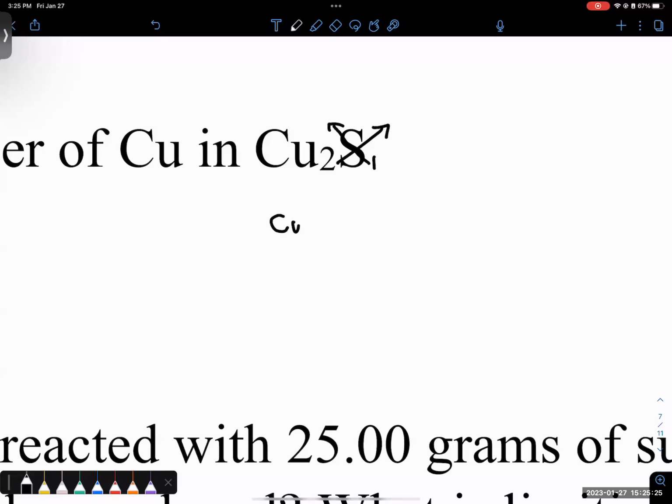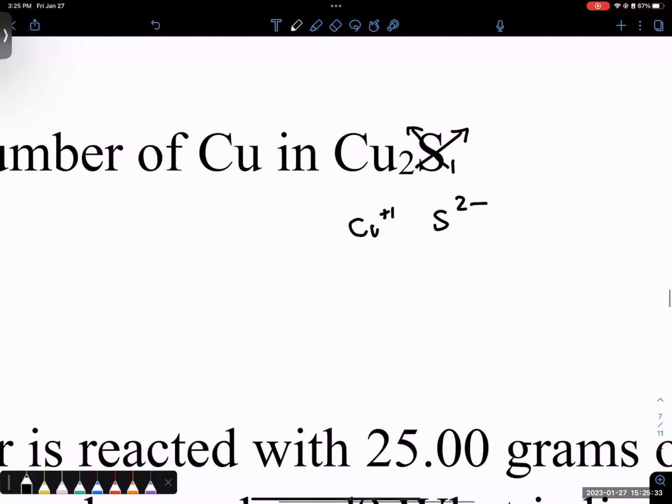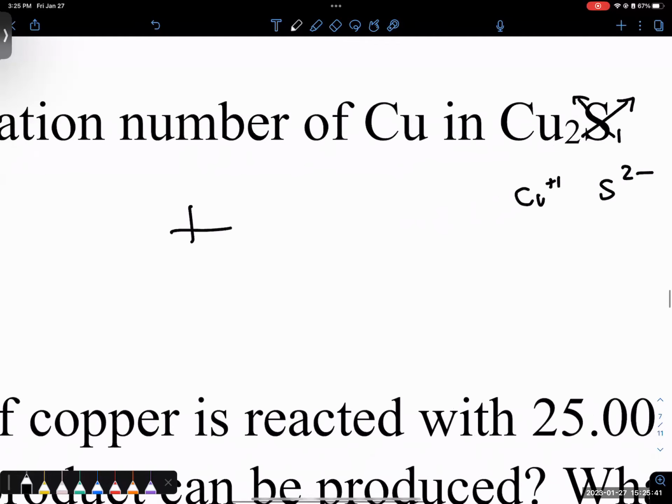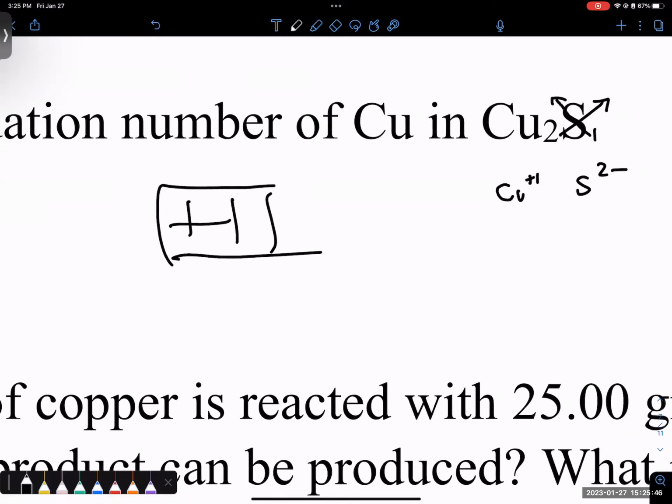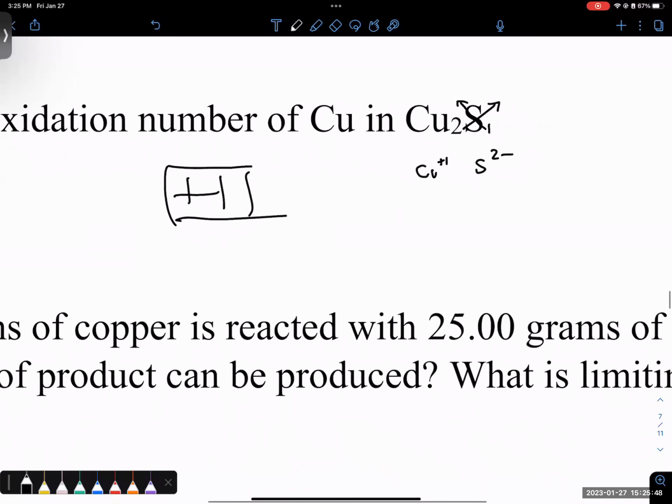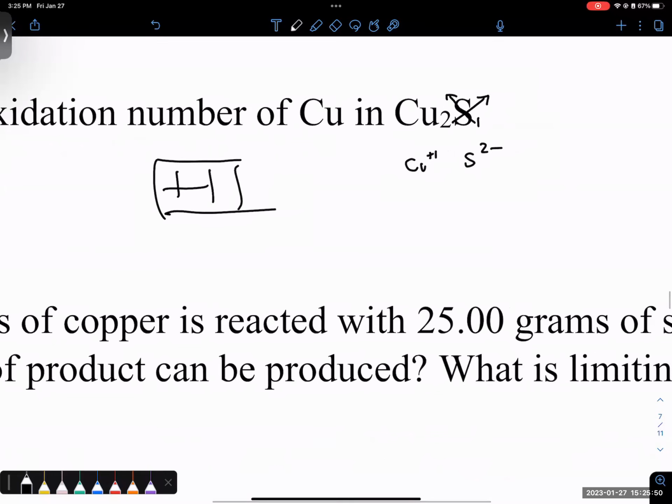So you get Cu plus 1 sulfide. So it's asking for copper. What's the oxidation number of copper? Plus 1, right? So plus 1. Boom. Got the answer for A already. Anyone need me to explain that one again?